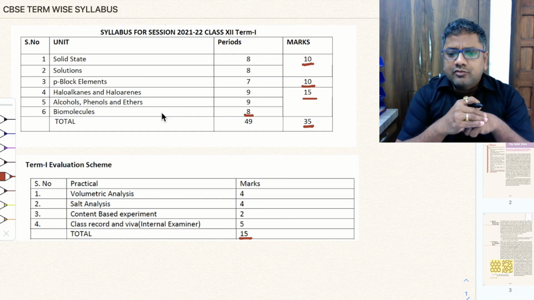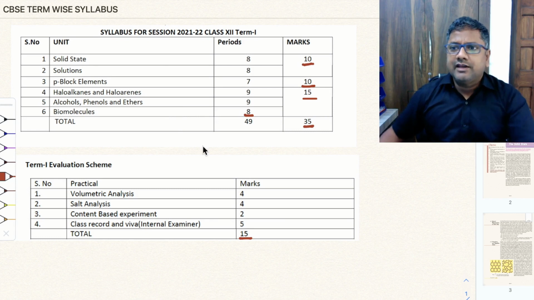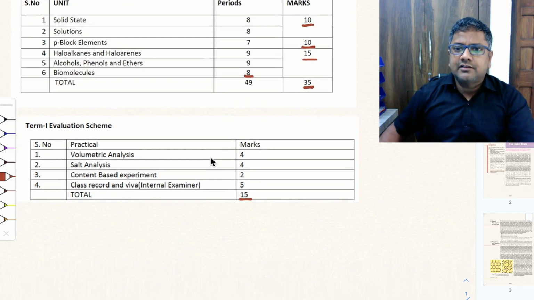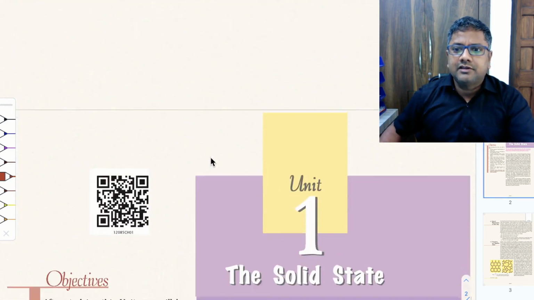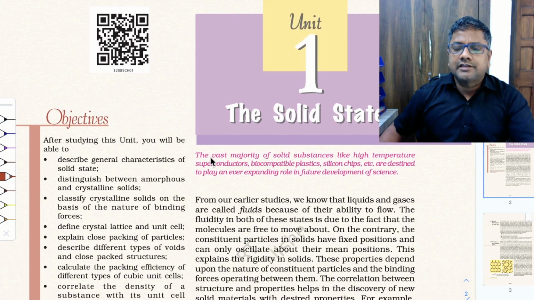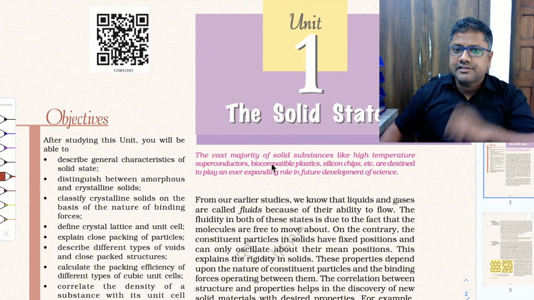The majority of theoretical portions they have removed, right? So I am taking this chapter wise demonstration of what content they have deleted from your syllabus. See, first, solid state.